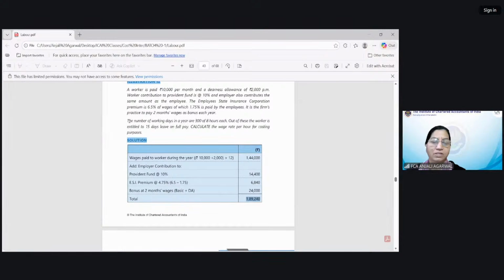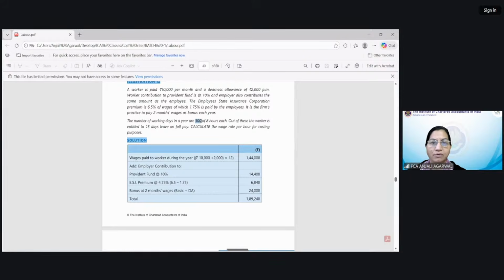Now, what is the effective hourly rate? The number of working days in a year are 300, 8 hours each. So 300 into 8 is 2,400. But out of these, the worker is entitled to 15 days leave on full pay.